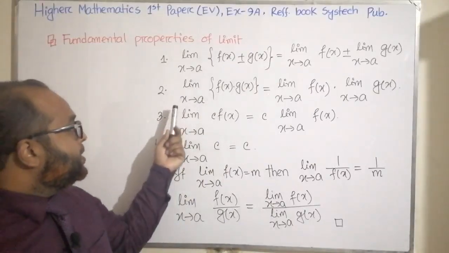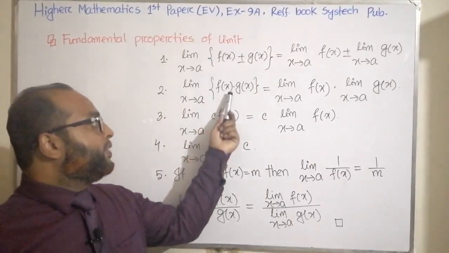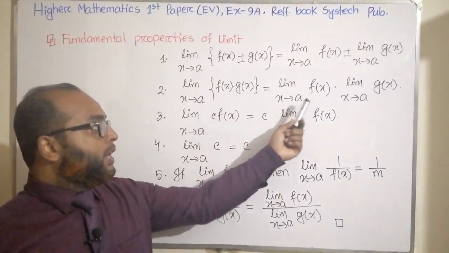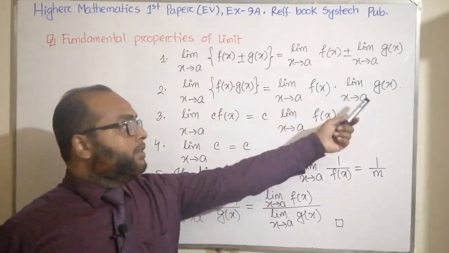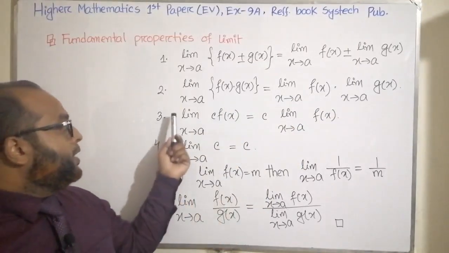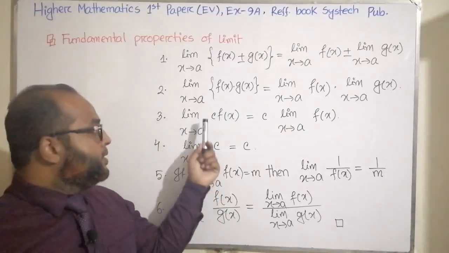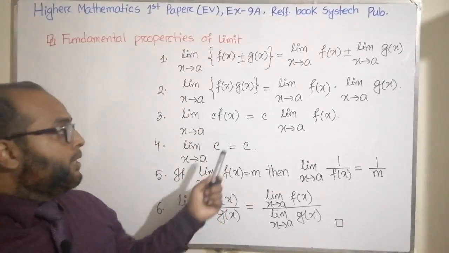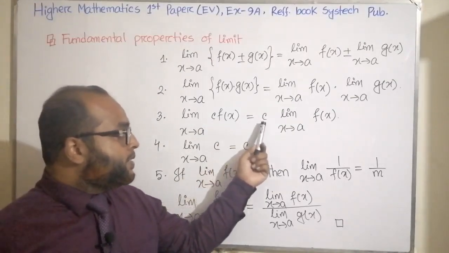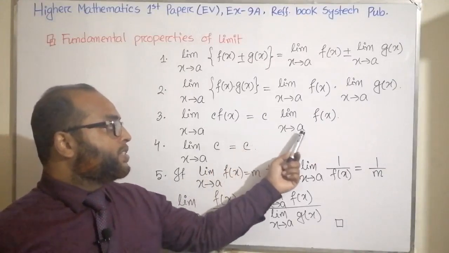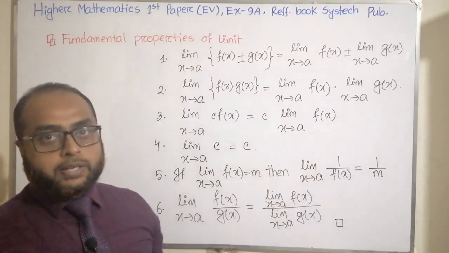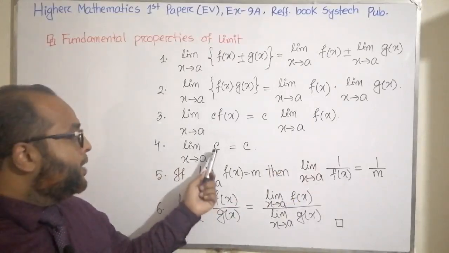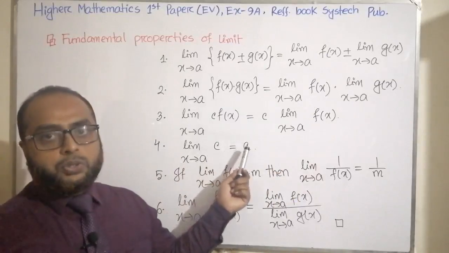Number 2, limit x tends to a, f of x into g of x. Here we can also write separate limits. Number 3, limit x tends to a, c into f of x, where c is a constant. Then we can write this as c into limit x tends to a, f of x. Number 4, limit x tends to a, c, equals c.